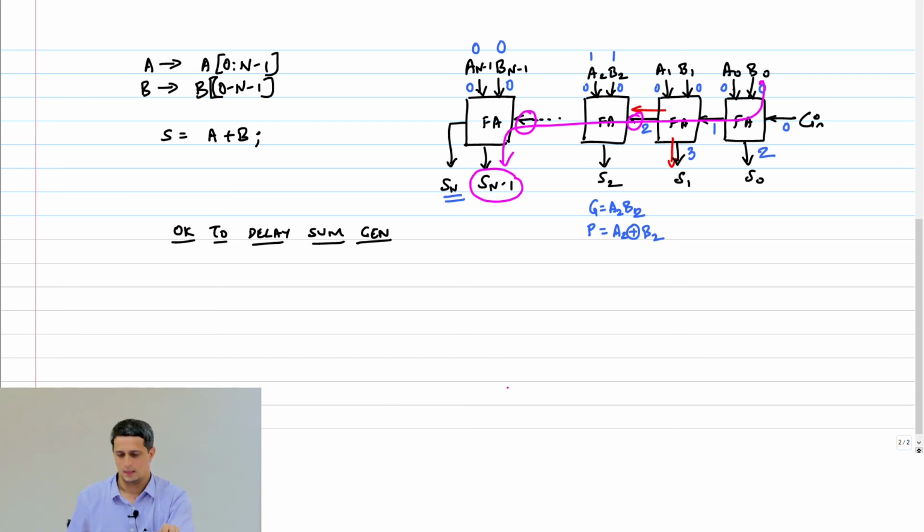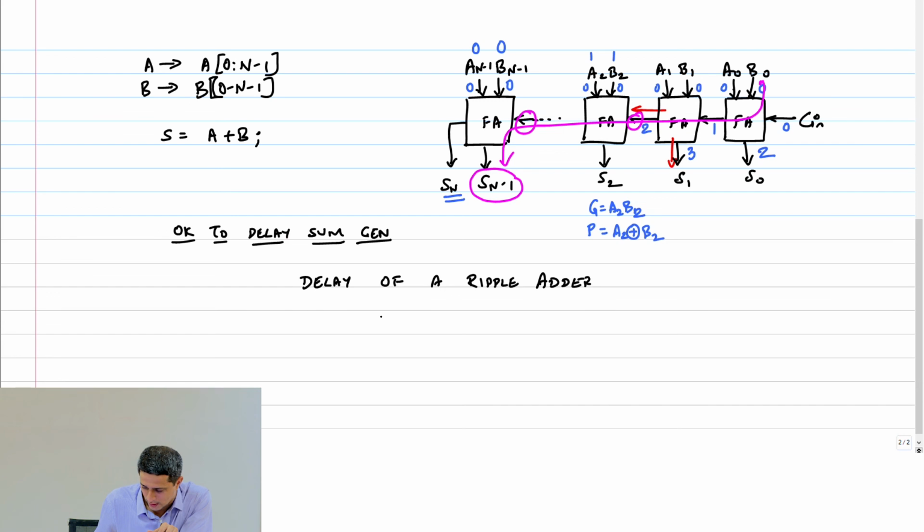Right? So if you look at the delay of a ripple adder, it is going to wait till n minus 1 carries are propagated, and the last sum is evaluated.